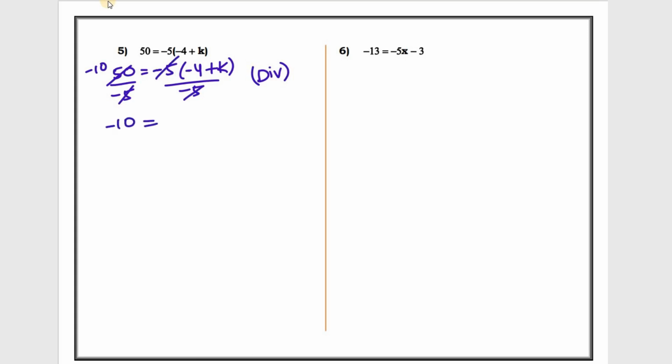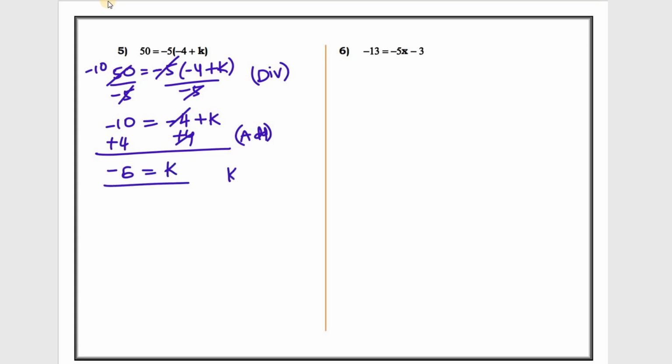Minus 5 and minus 5 cancel out. In the bracket you can see minus 4 plus k. So here I am adding 4 on both sides. So I have used the addition property. So minus 10 plus 4 is minus 6 is equal to k. I got k is equal to minus 6.